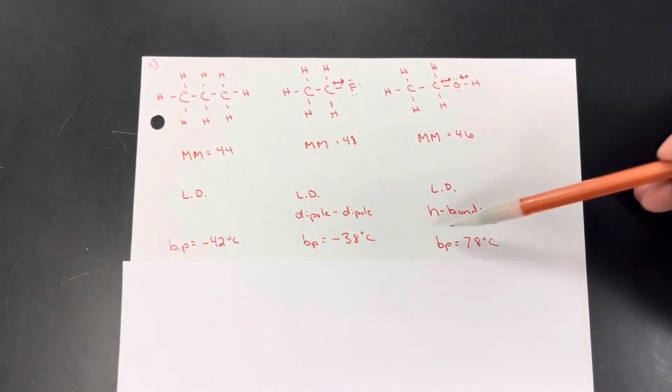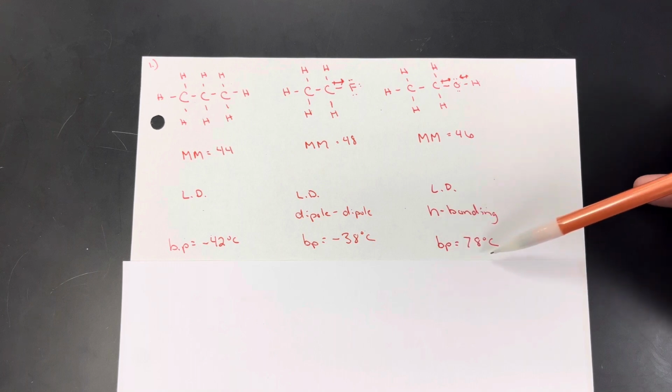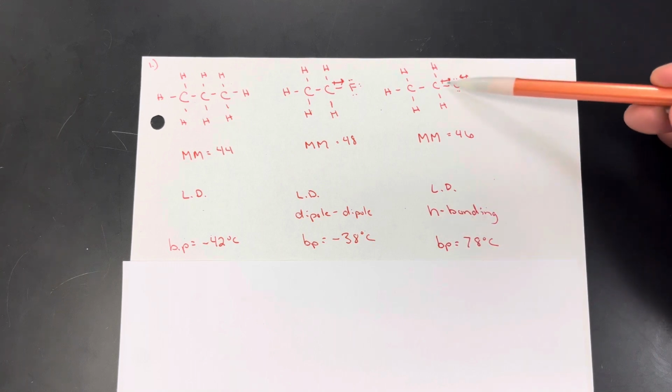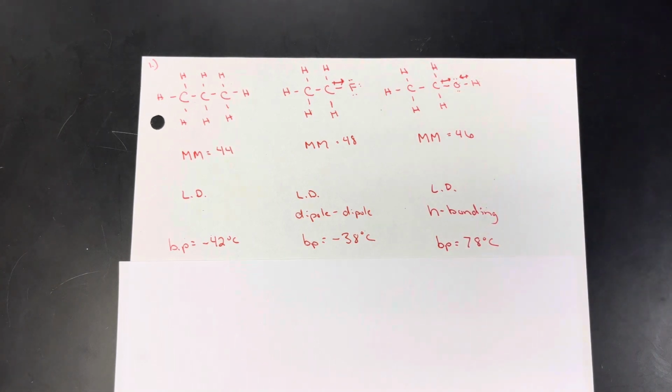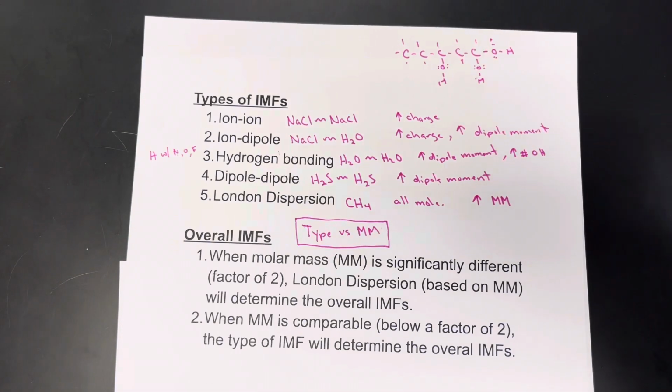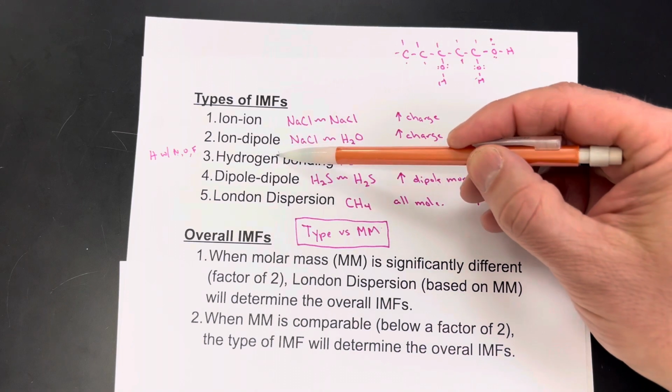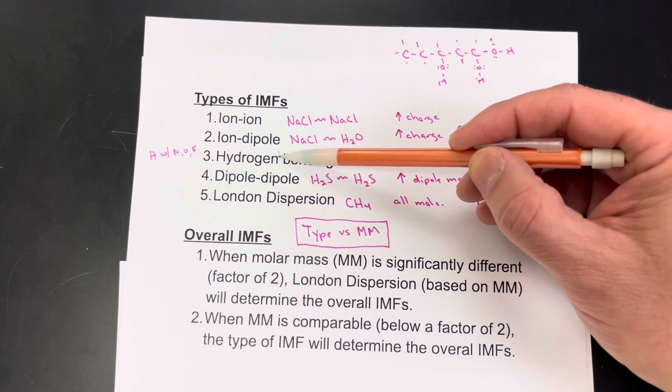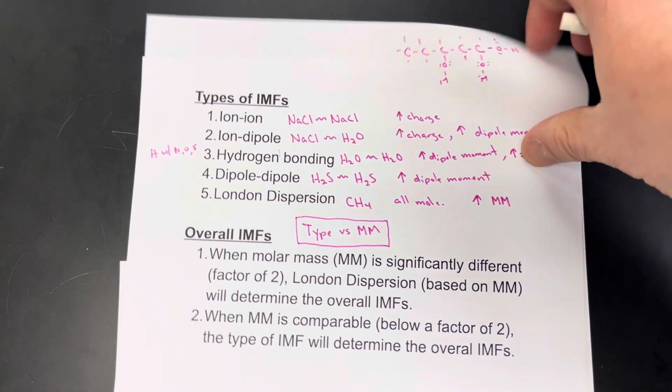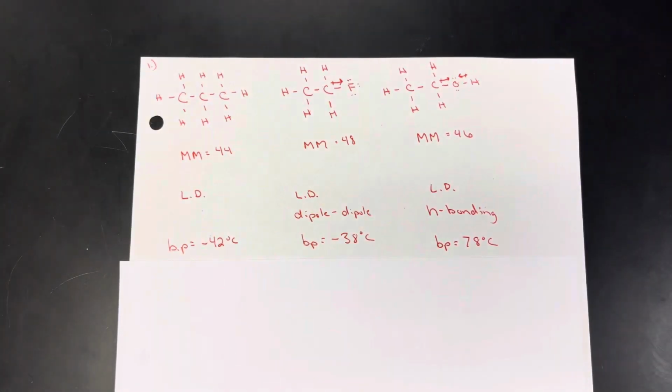But this one's going to have a nice spike up to 78 degrees, and it's all because of the hydrogen bonding. So remember, when the molar masses are similar, it's going to be the type that matters the most. So the highest type between these three is going to be the hydrogen bonding, and that was that last molecule right here. Okay, let's take a look at another problem.